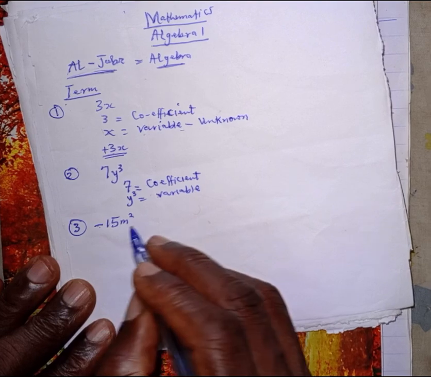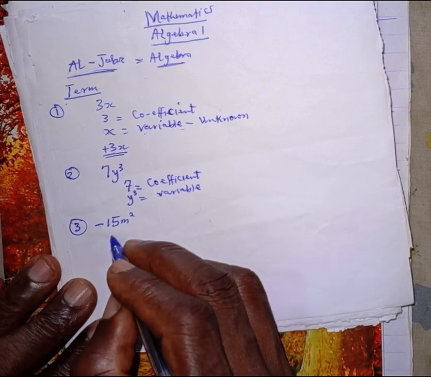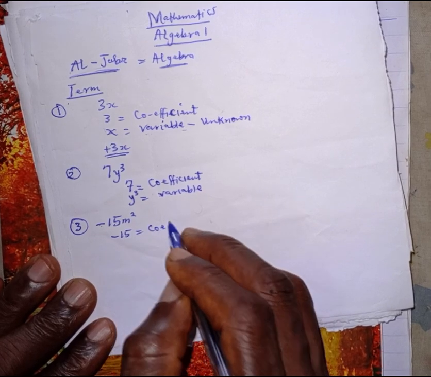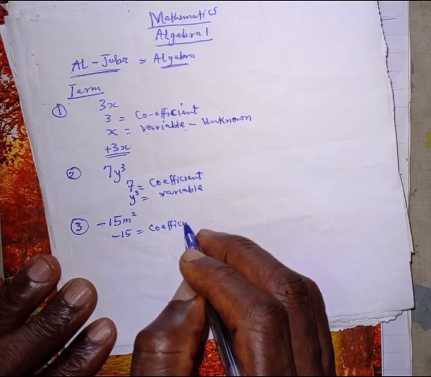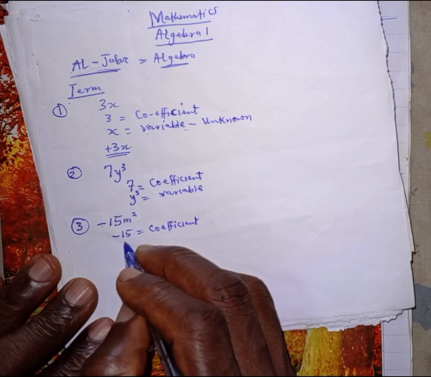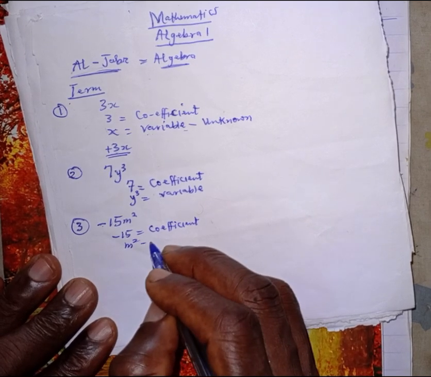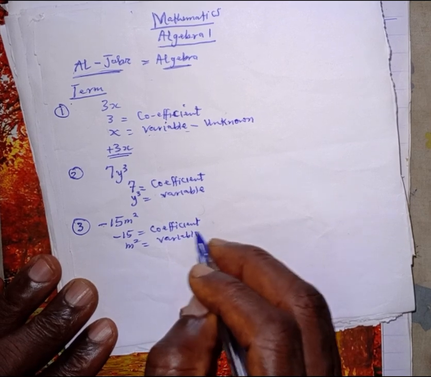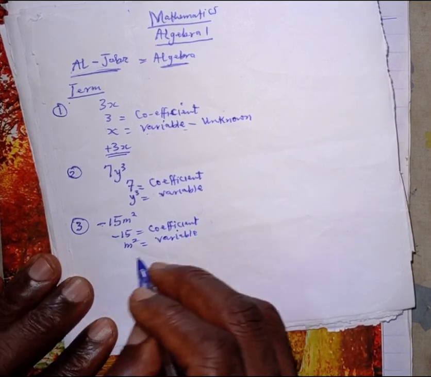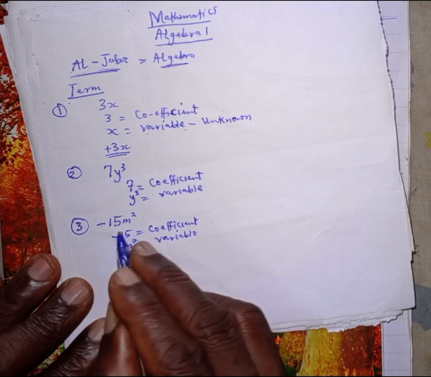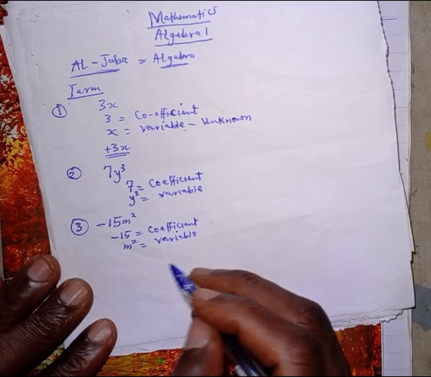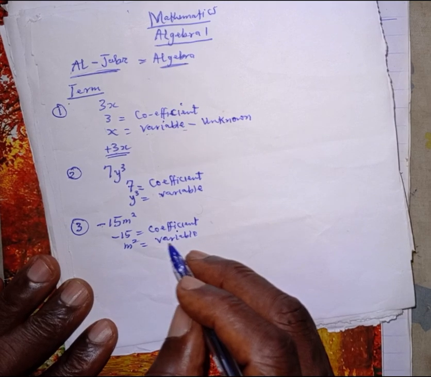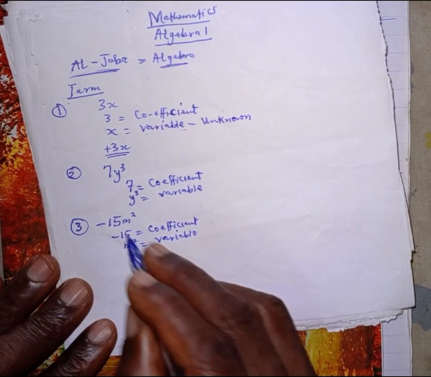We say minus 15 is the coefficient and m squared is the variable. So minus 15m squared is an algebraic term.